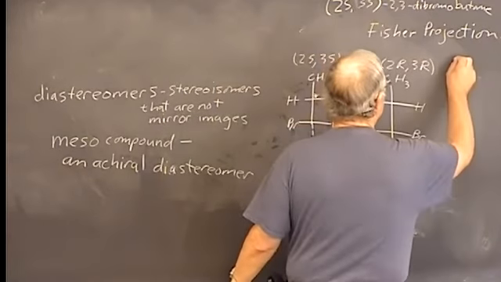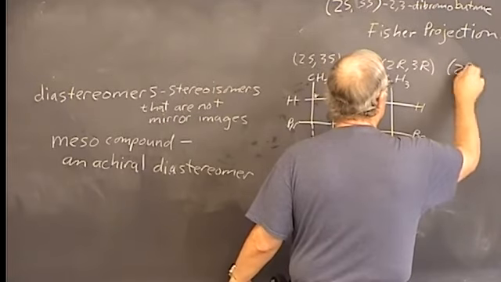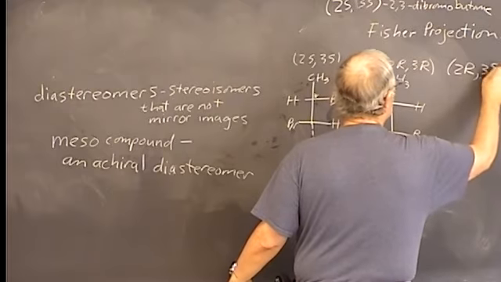In other words, what if we make the 2R 3S?